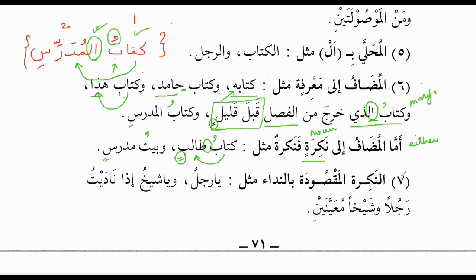The seventh and the last one is nakiratu al-maqsudu, means now this nakira noun is specified by nida, means now the nakira noun is made into marifa with what? With the calling particle harf nida. How is it made? By adding a calling particle to the rajul, and rajul is a random noun, it's nakira.